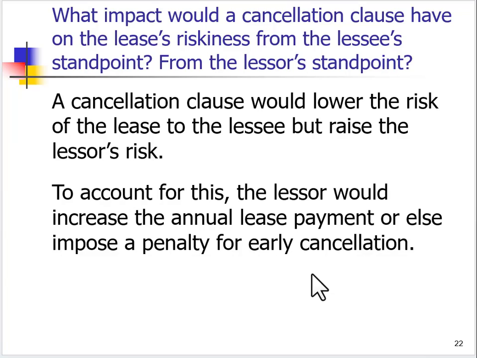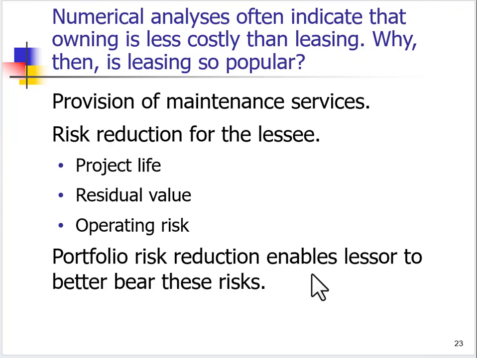Because if they do cancel, then they've lost the cash flow from the remaining part of the lease. And so if there is a cancellation clause, you can be fairly certain that the lessor is going to increase the payment or impose some kind of a penalty in that clause, right? Because again, they don't want to lose the cash flow that they're planning on.